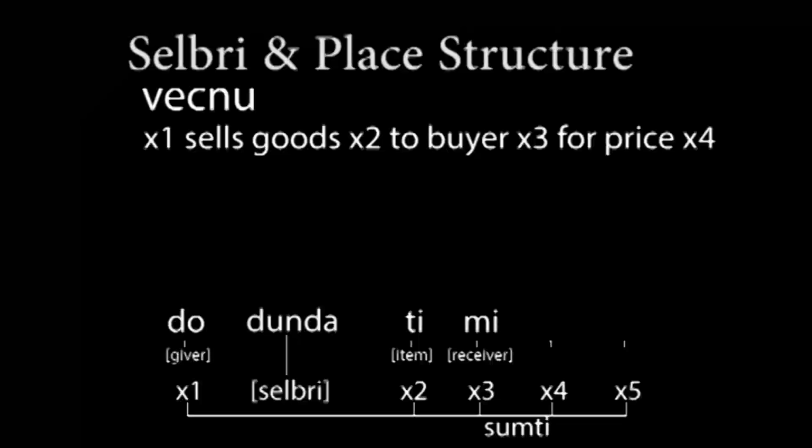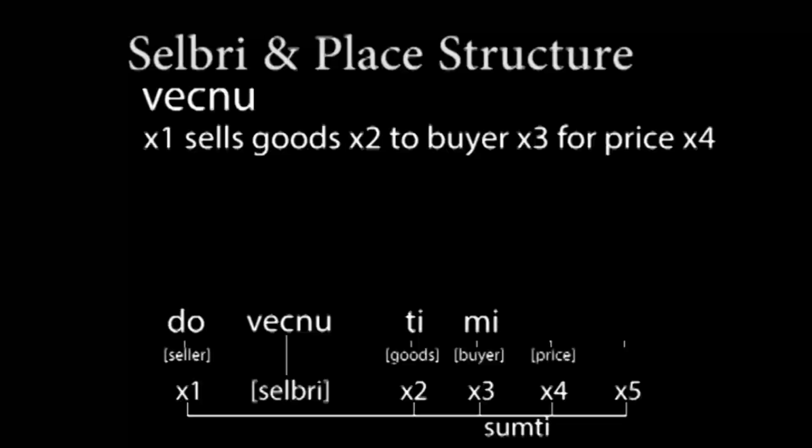Vecnu tells a similar story, but in this case a purchase takes place instead of a donation, and with an associated price that now occupies the fourth sumti place. The new predicate alters the proposition, and now our arguments assume their new roles. Giver changing to seller, item changing to goods, and receiver changing to buyer. And of course the x4 could take some dollar amount.